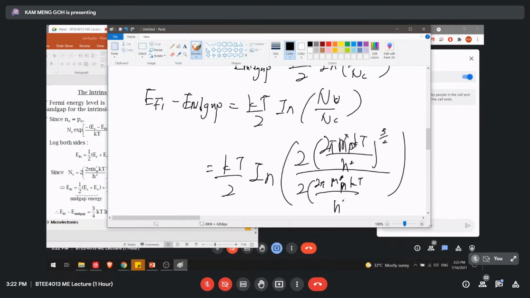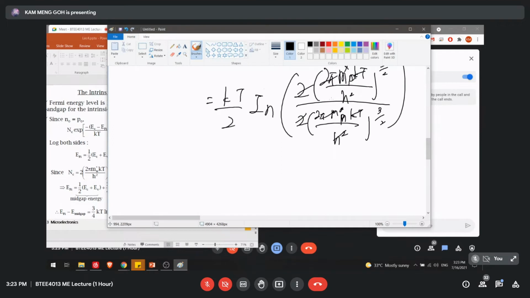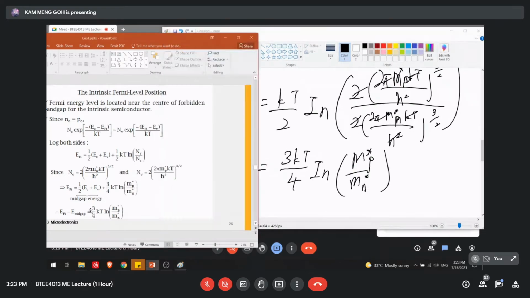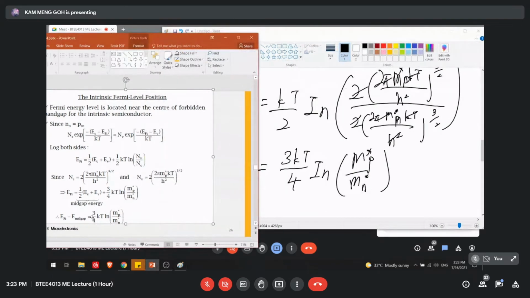Then you delete, but you are left with a 3 over 2 there. The 3 over 2 you can carry forward to the front side. So this will become 3 kT over 4 ln. Eventually, you will get mp over mn. Okay, so this is the formula that is shown here.